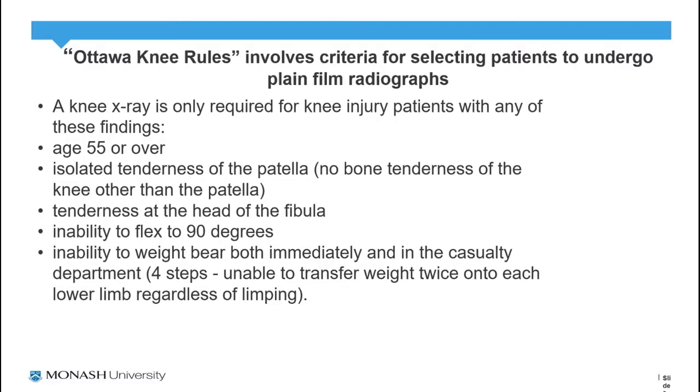Inability to weight bear is measured by 4 steps. So if the patient is unable to transfer their weight twice onto each lower limb, regardless of whether they are limping.